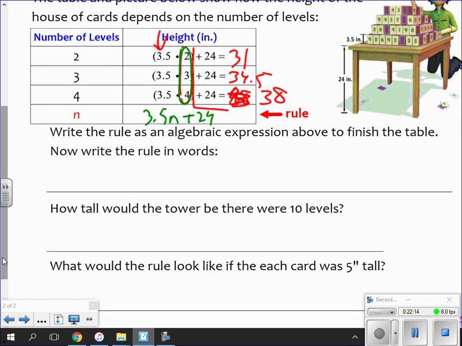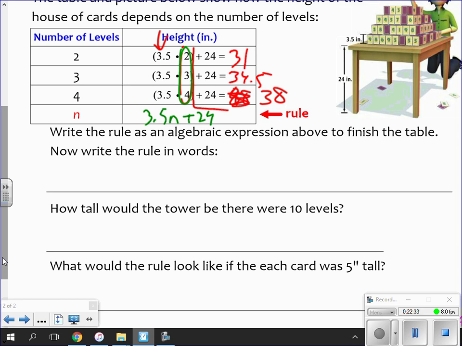Okay, now it says write the rule as an algebraic expression to finish the table. We did that. Now write the rule in words. How would I write 3.5n plus 24 in words? The 3.5n means that I'm doing what? Multiplying.